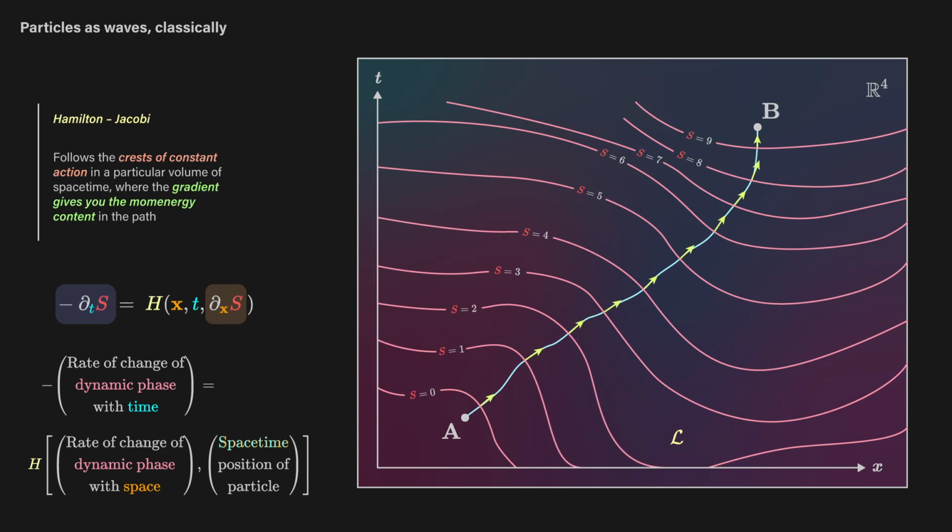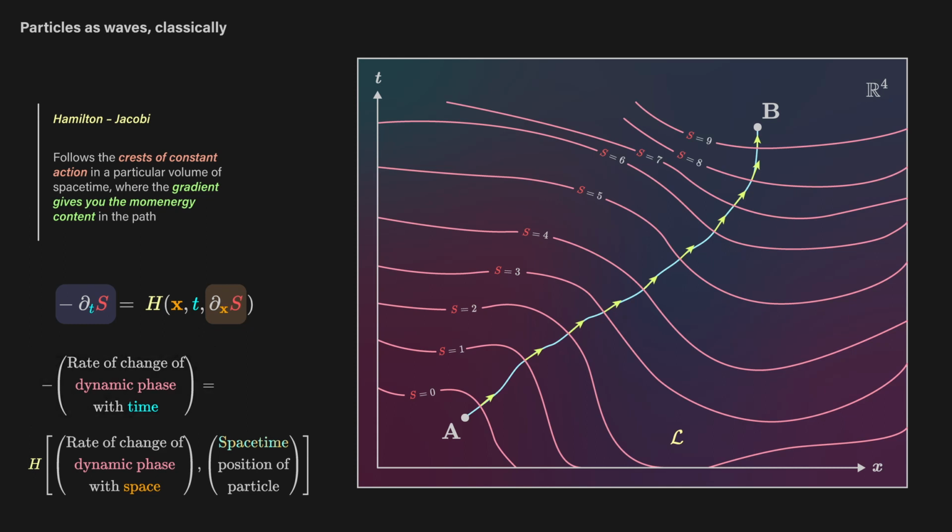Now, if you recall the definition that we just gave of the action being the momentum times the infinitesimal displacement in space minus the infinitesimal displacement in time times the energy, you can see this equation is not very surprising. We rephrase this statement in terms of the rate of change, the dynamic phase of the action with time.